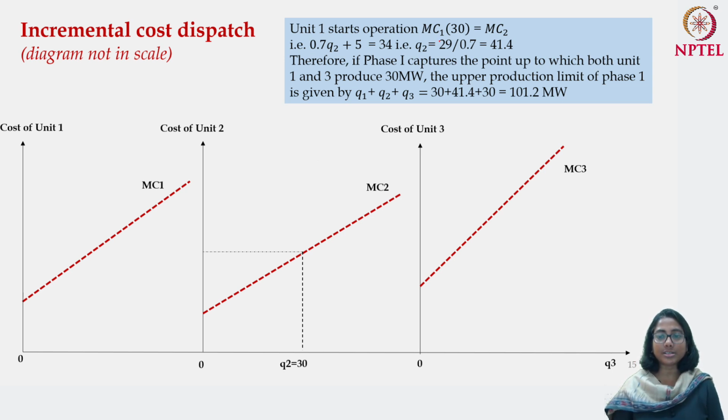So unit 1 does not operate until the costs are equalized for these two plants. So unit 1 starts operating where the marginal cost of producing 30 units is equal to the marginal cost of the second plant, whatever it produces.